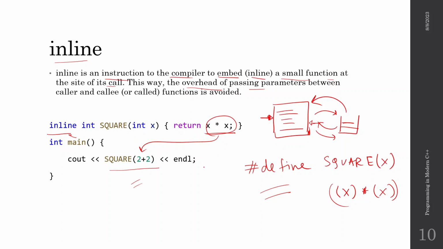The major difference is that the inline function follows all the semantics and the type checks of a function call. You can see that the argument has type int, and the return value also has type int. All of these will be checked when the function is called. In the case of a macro, it will not be checked. So inline functions and macros do the same thing, but for inline functions some more checks are performed.